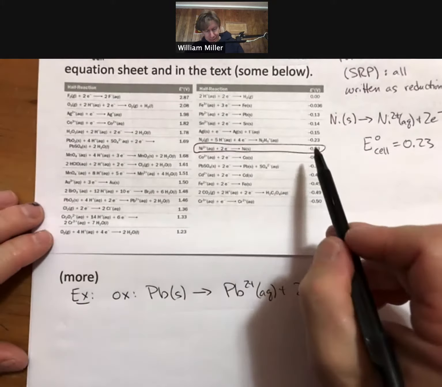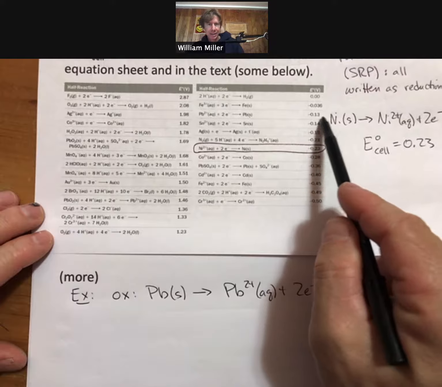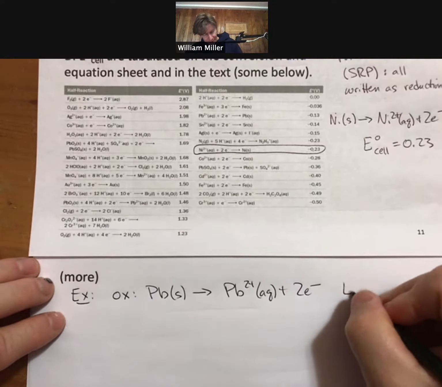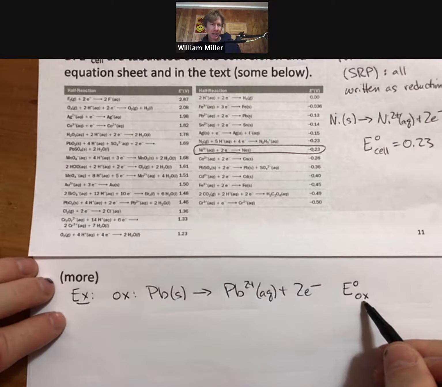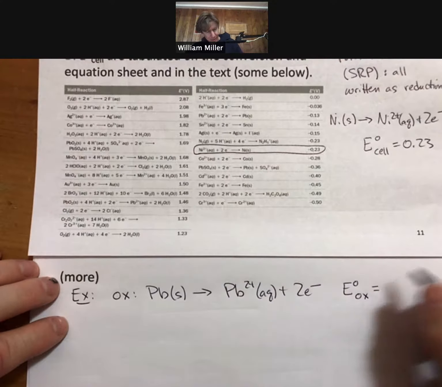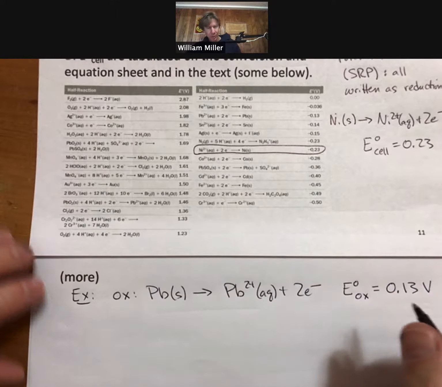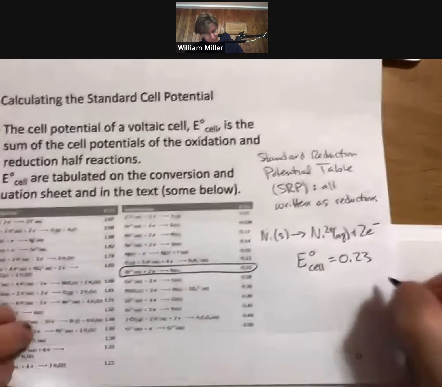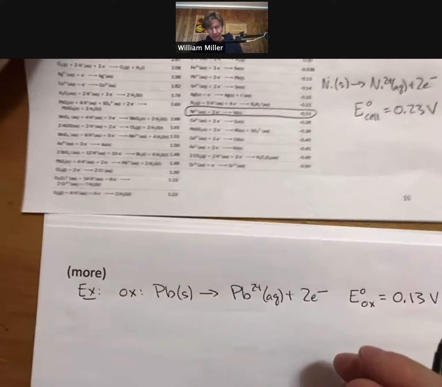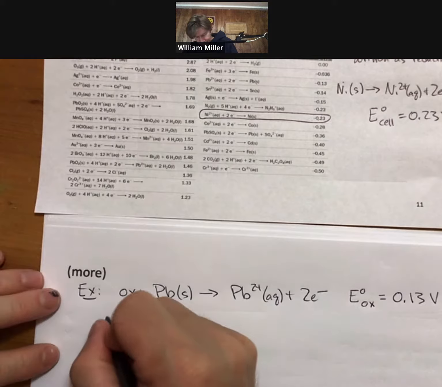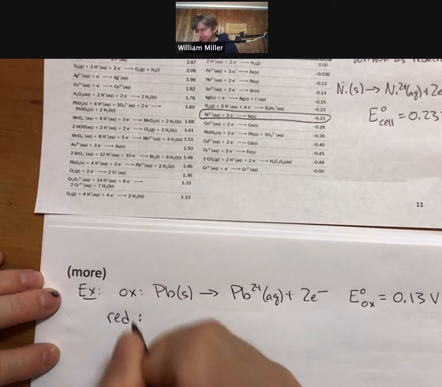And it says for lead that it's minus 0.13 as a reduction. So I am specifically going to call this out as an oxidation, and I'm going to change its sign to positive 0.13. I should have put units on that. That's volts. Good.